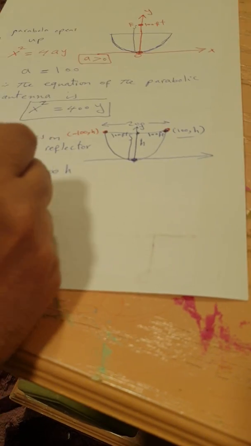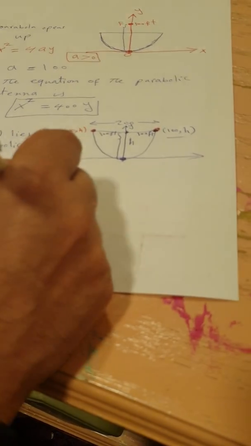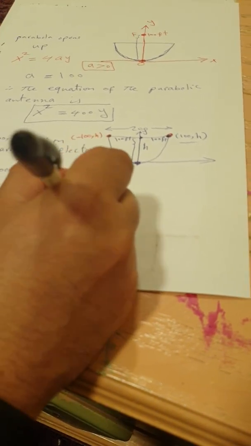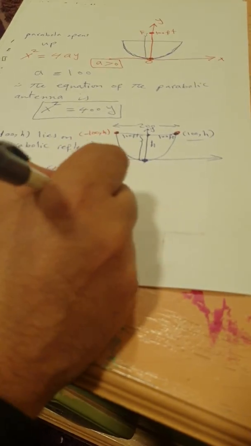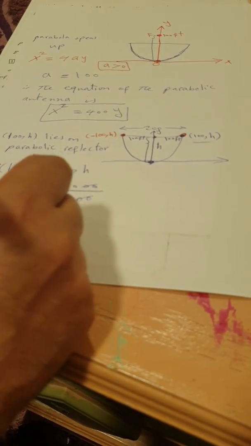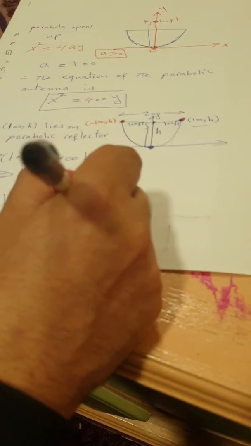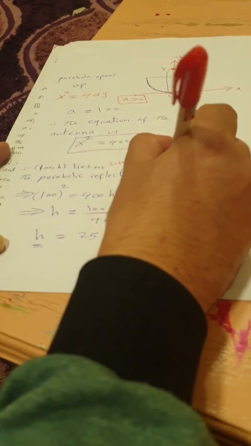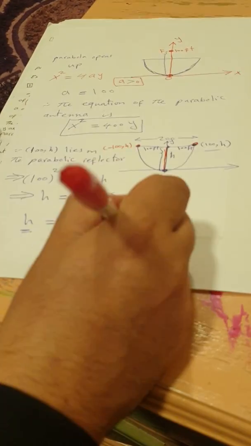This implies also that h equals 10,000 over 400. We can cancel two zeros with two zeros. Finally, we have h equals 25 feet, which is the depth of the parabolic reflector. Thank you very much.